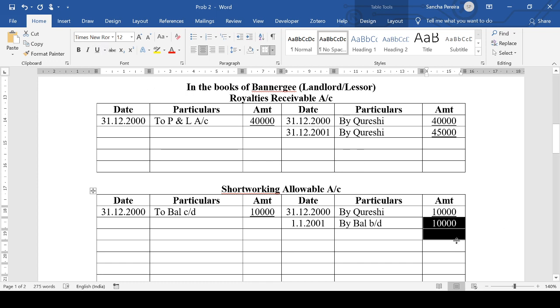By balance brought down. And we also have by Qureshi. Short working in the second year is 5,000.